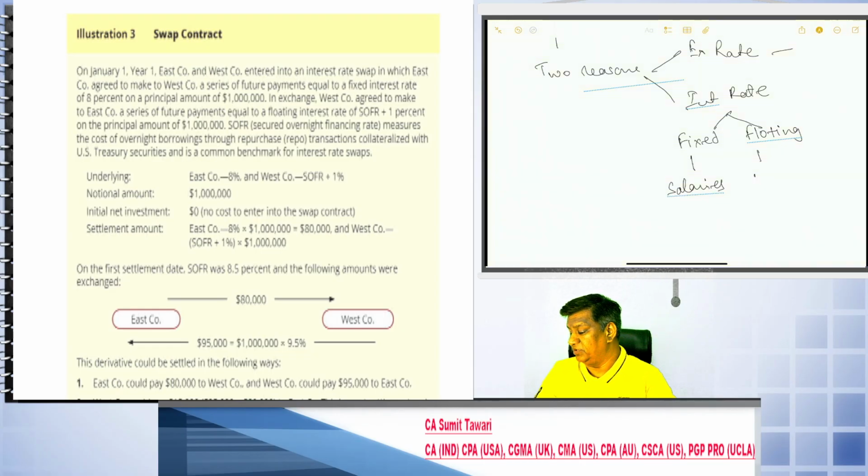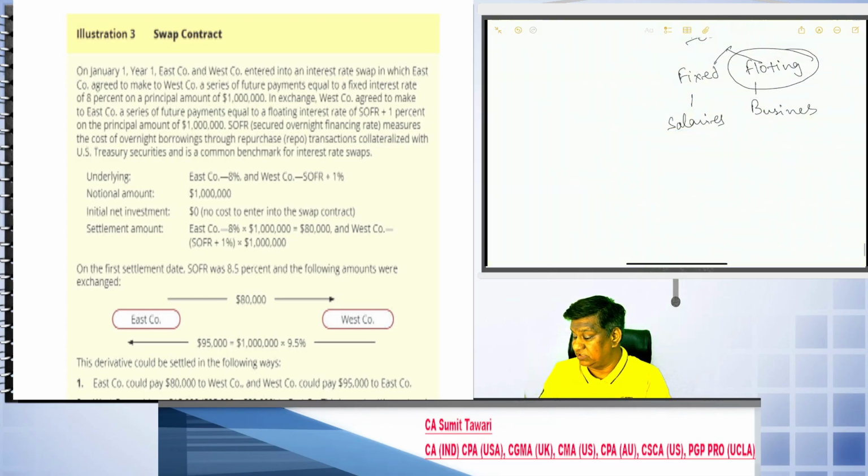But the businessman prefers the floating interest rate because their profitability or turnover depends on the economic situation. If the economy is good they can absorb a higher interest rate, and if the economy is bad then they are okay to go with a lower interest rate. So that's why they are more okay with the floating interest rate.